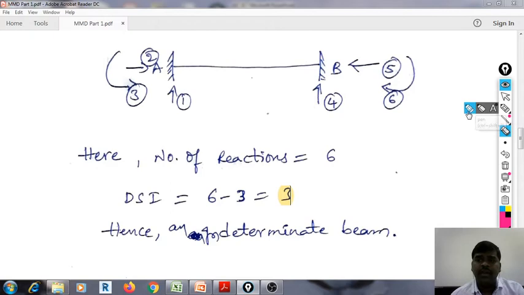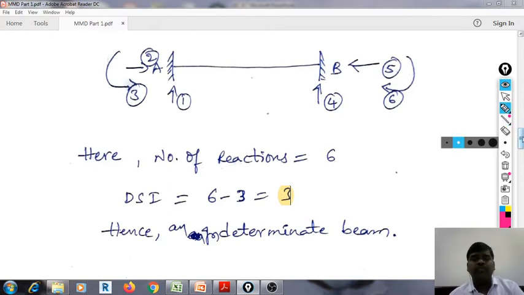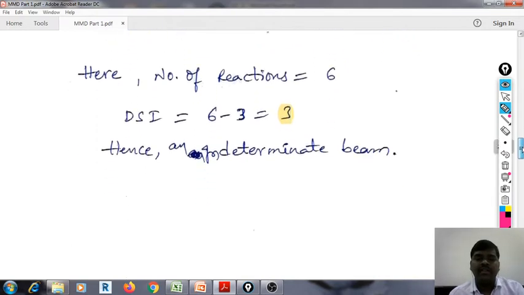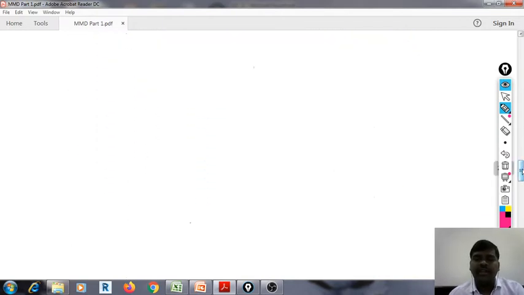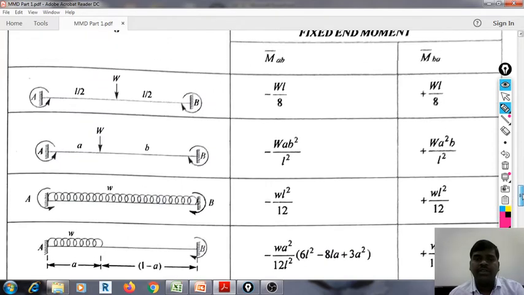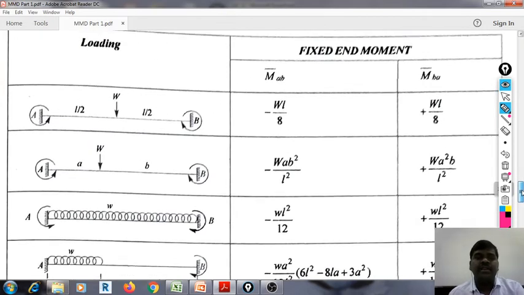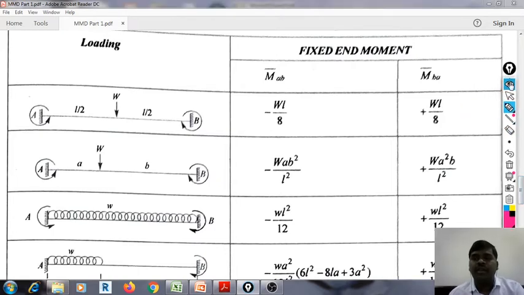These beams are statically indeterminate and cannot be found out by simple equations. For that reason the analysis methods are used for finding the reactions. Before finding the reactions, every student must know the fixed end moments for different loading conditions. This is already discussed in the slope deflection method, and you can discuss it again here.